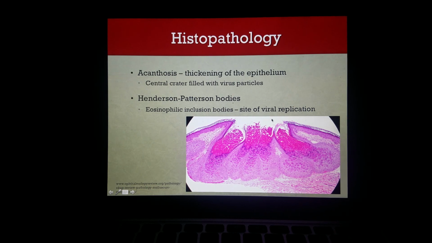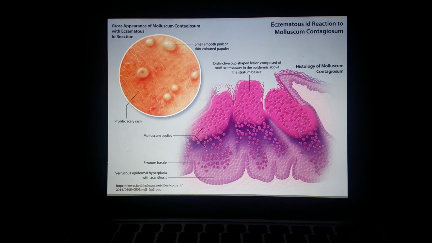So this makes it very easy to auto-inoculate. If you scratch them, they will spread. Also contact, which we'll talk about here in a little bit. So this came from the HealthPexis net. A little bit more of an explanation. You see the thickening of the skin cells, the epithelial cells down here, with the molluscum bodies traveling up towards the top of the little bumps.